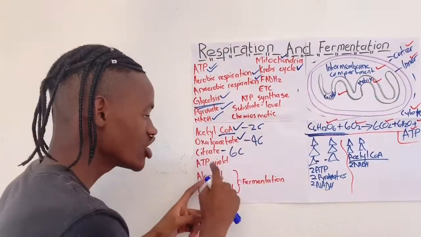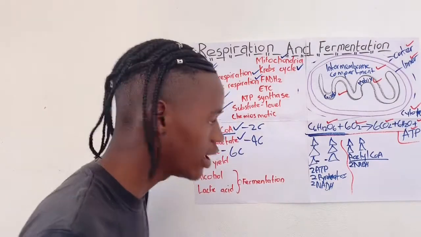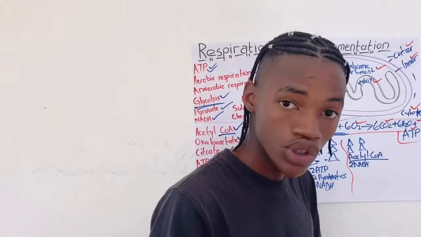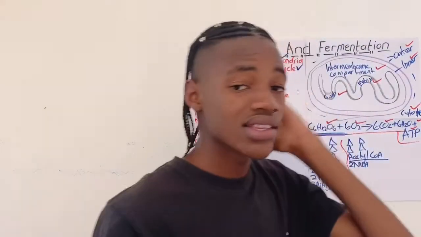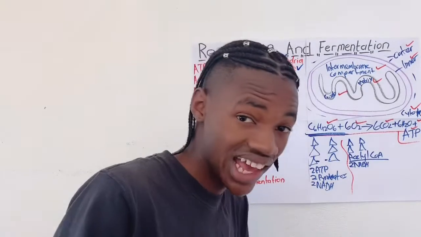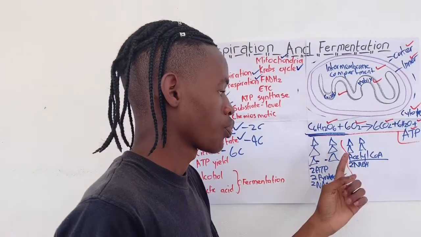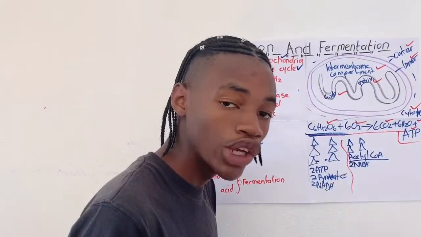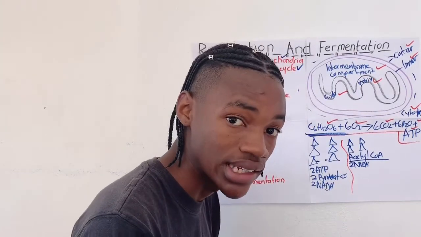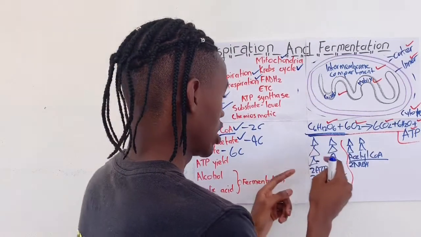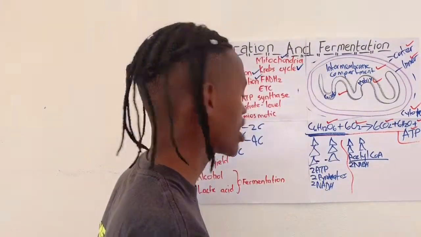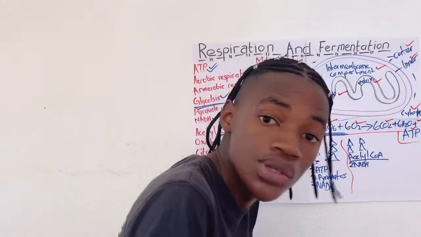So now in the Krebs cycle, other reactions occur, and the cell produces more ATP. The first thing that happens is that all the carbon molecules are released as carbon dioxide, right? And then we produce more ATP.